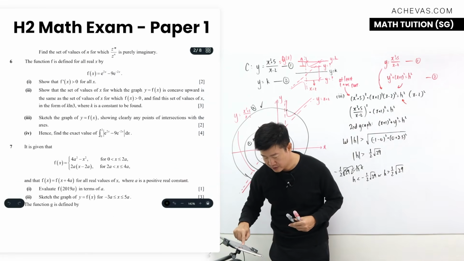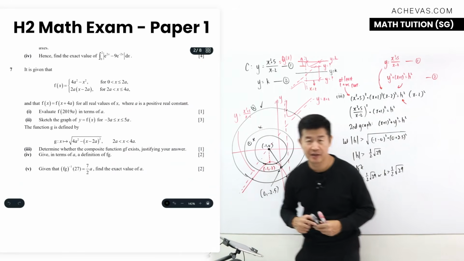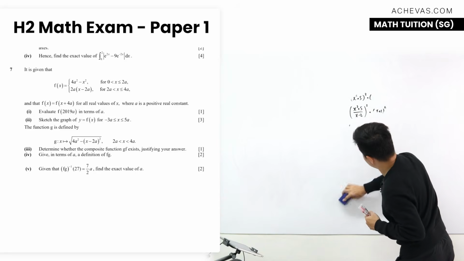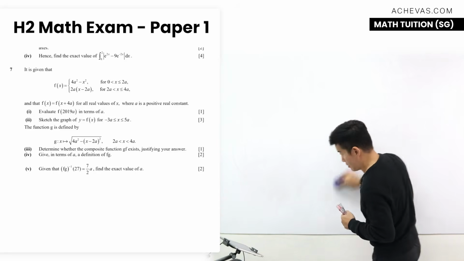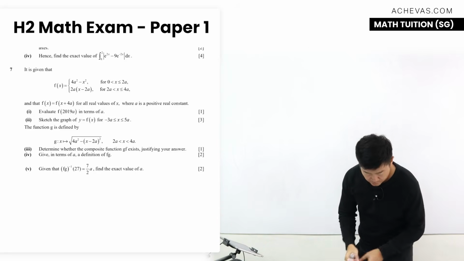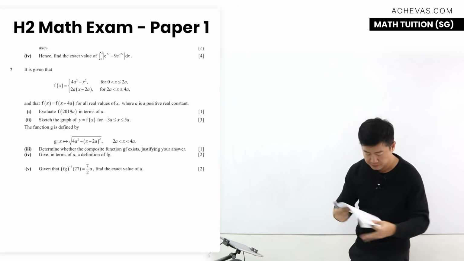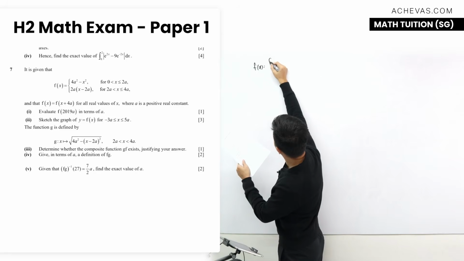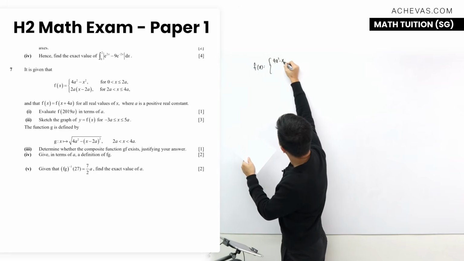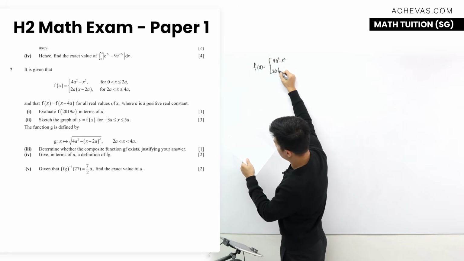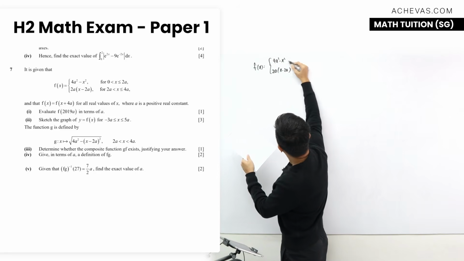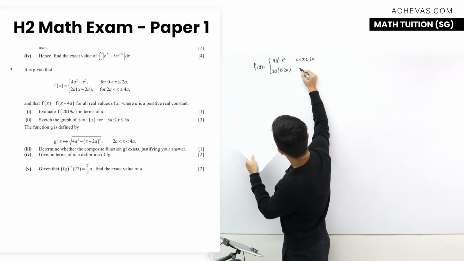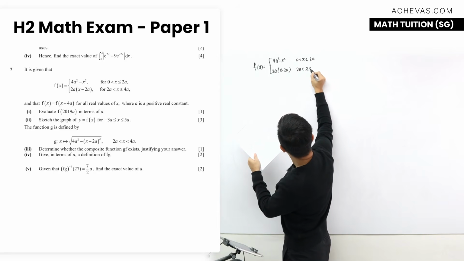Okay, let me continue. Let me take a look at question number 7, a function question. For this function question, we are given a piecewise function where f(x) is equal to 4a^2 - x^2 when x is between 0 and 2a, and 2a(x - 2a) when x is between 2a and 4a.